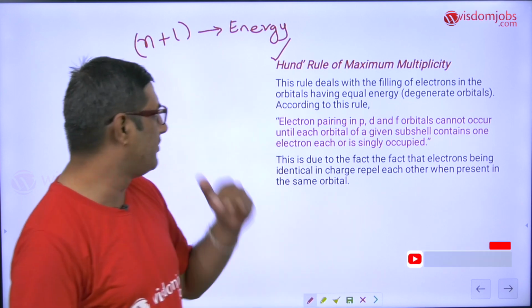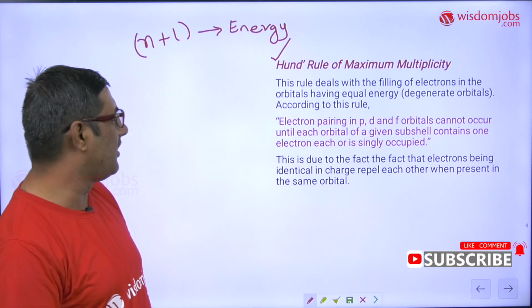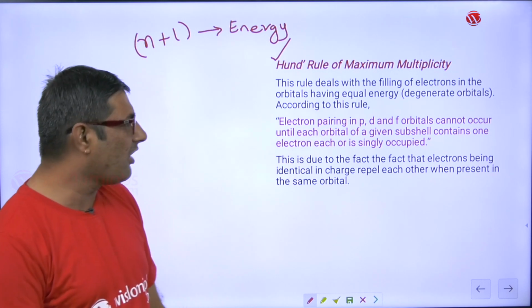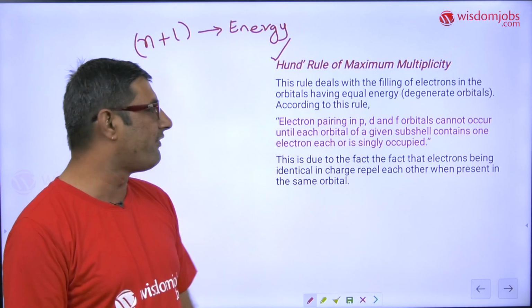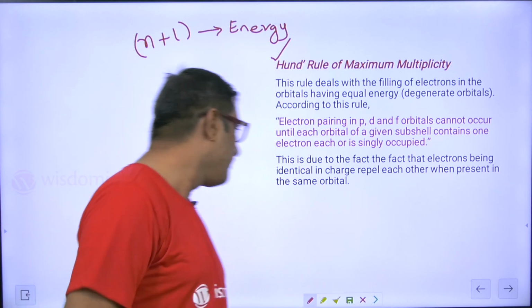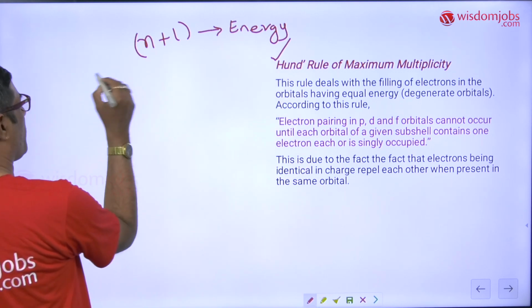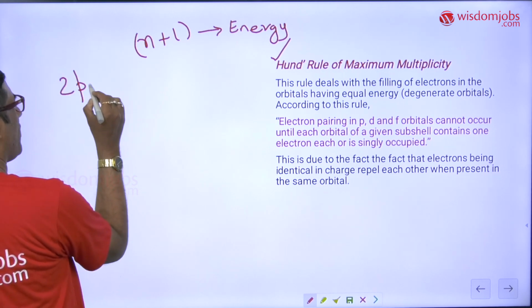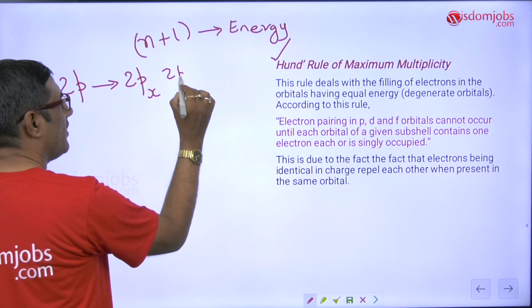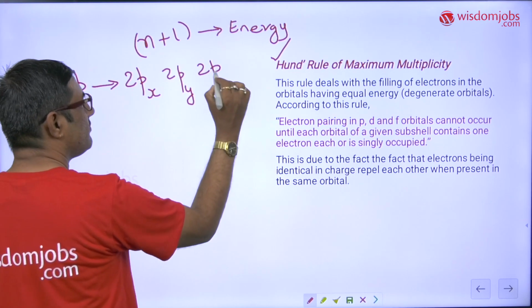Hund's rule says that electron pairing in p, d and f orbitals cannot occur until each orbital of a given subshell contains one electron each. For example, if I take the 2p orbitals, what are the orbitals we have in 2p? 2px, 2py and 2pz.